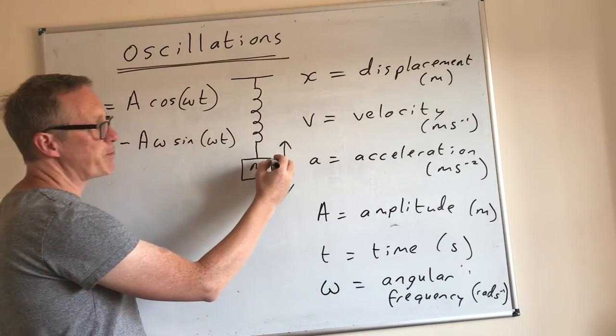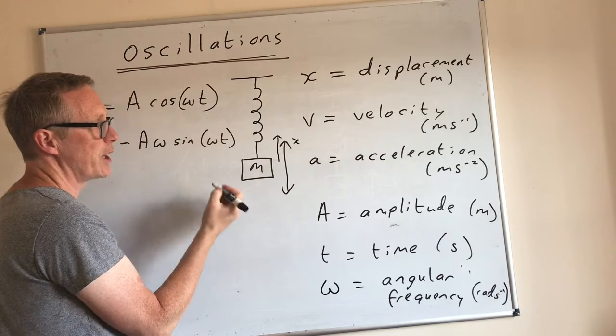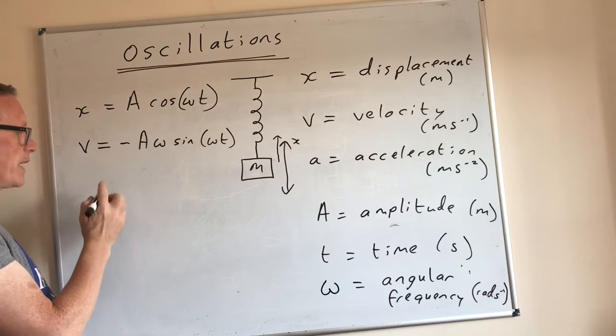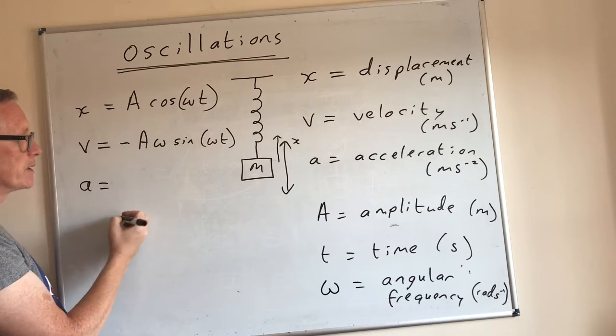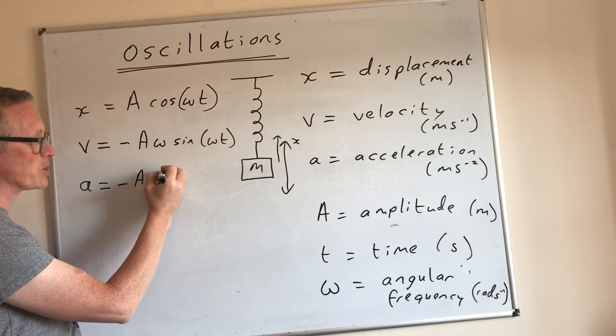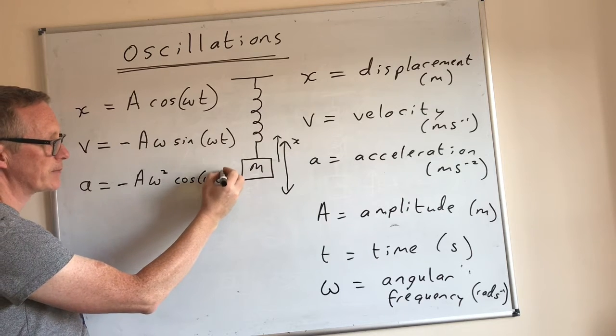So if my displacement were in a positive direction, then my speed would be negative. Then acceleration is equal to minus A omega squared cos omega t.